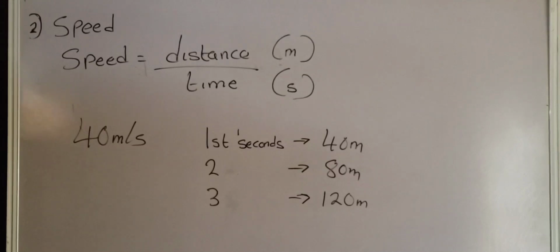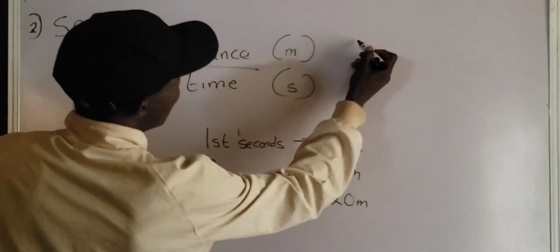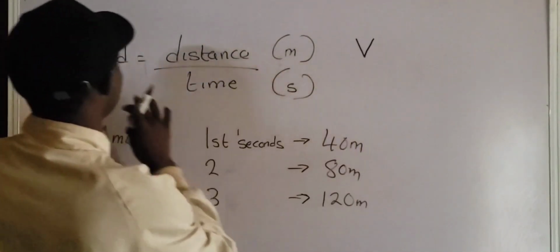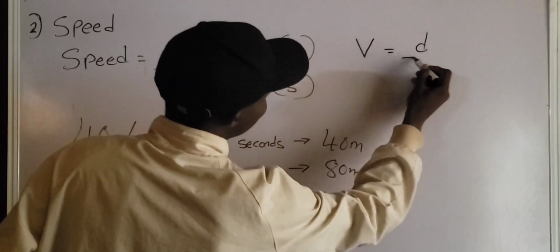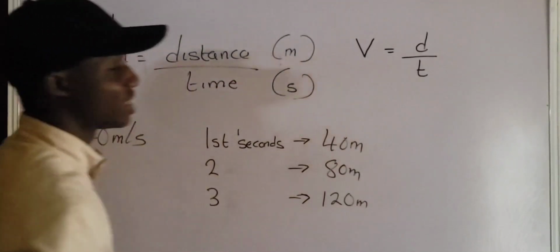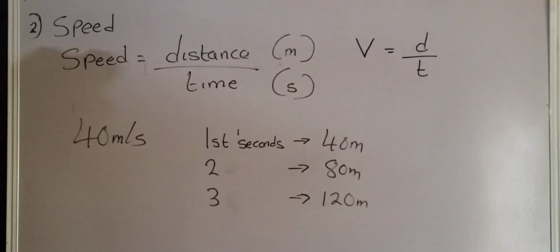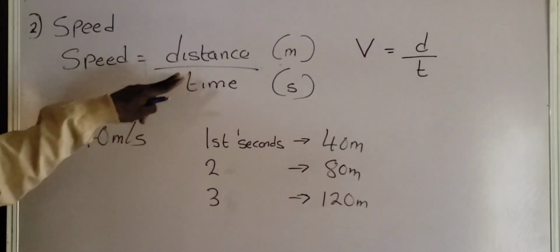Also, since speed is distance over time, speed is represented as v. V is equal to d, which is distance, all over t. This is the equation connecting speed, distance, and time.